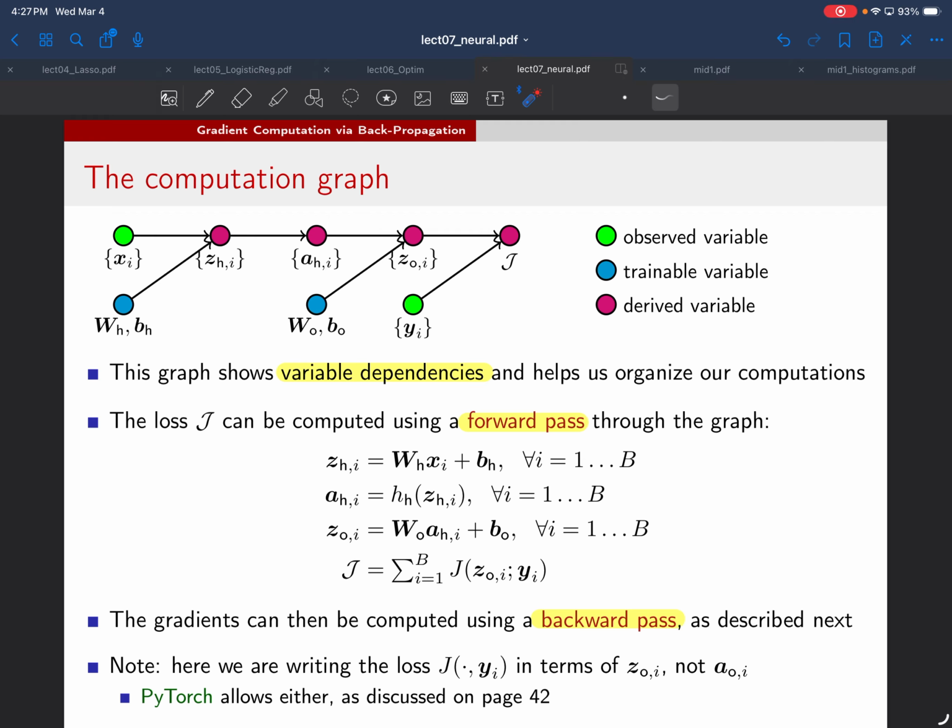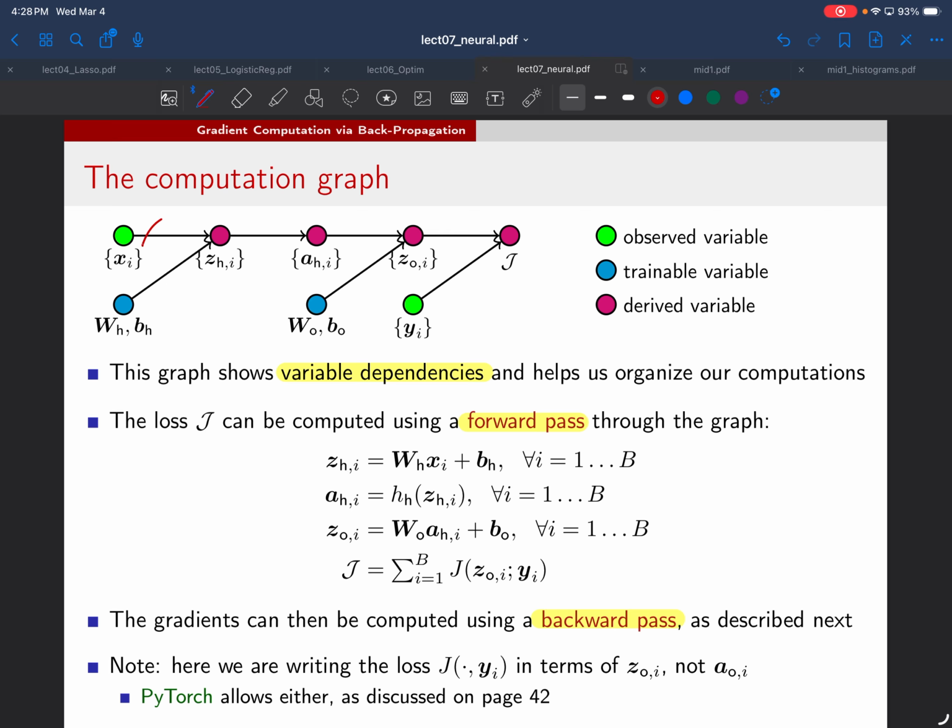What's happening in the forward pass is you're at the beginning of a stochastic gradient descent update. So what you know are the parameters from your previous update. These are known quantities. Then you have some data which is coming in. The X and Y would be the features and the labels, and i is indexing the samples in the mini batch. So these curly braces mean there's actually a set of different X's.